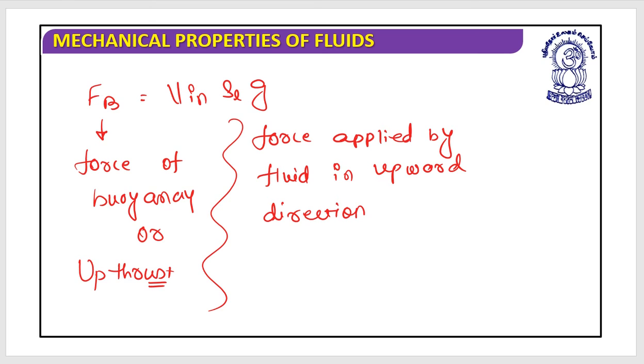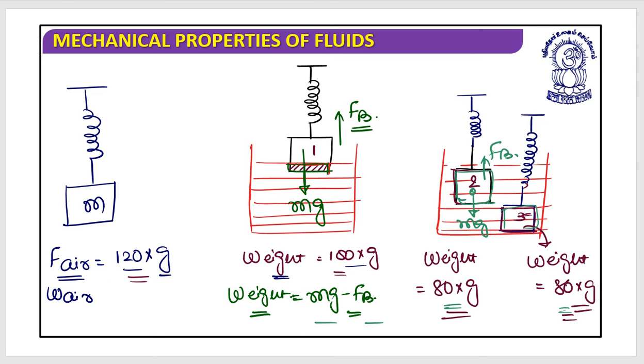So now I assume that you get the answer to your question, why it is ATG, and why even this is ATG, because both the blocks are completely submerged. As you can see, this has been submerged completely, and in both the cases V in the second case and V in the third case are equal.